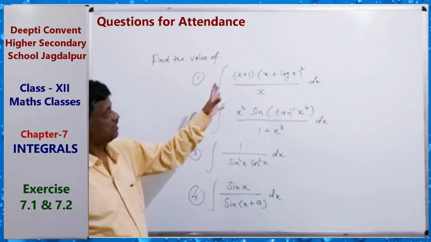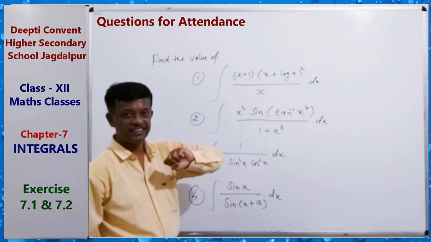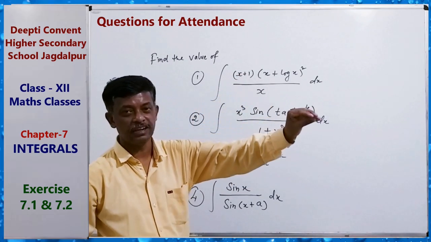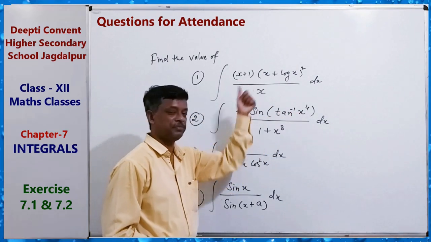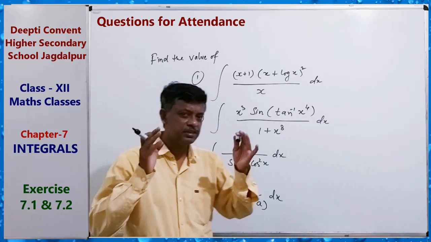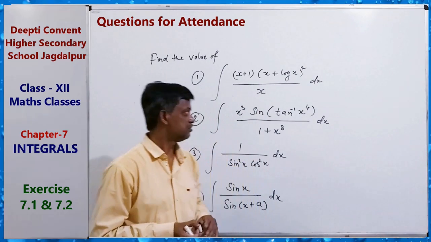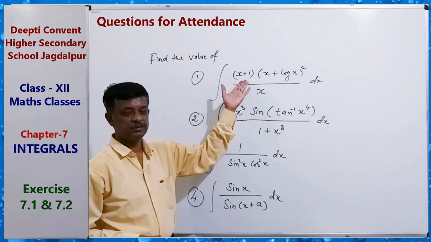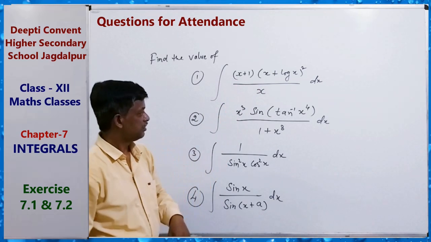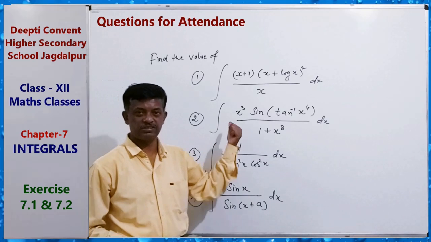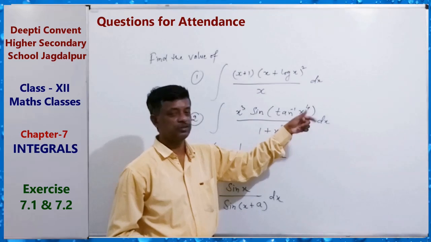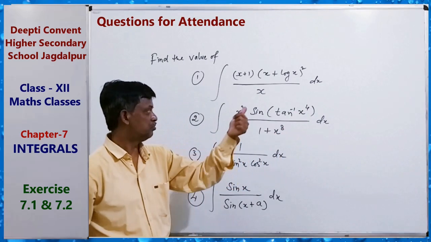So hints for this. Here you can see, you can adjust. We can put some quantity equal to t whose derivative is present here. You can substitute. Just guess. Substitution is the main thing for integration. Okay, so try substitution. Here also 2 times you have to use substitution. First x to the power 4 equals t, then you can get x cube.